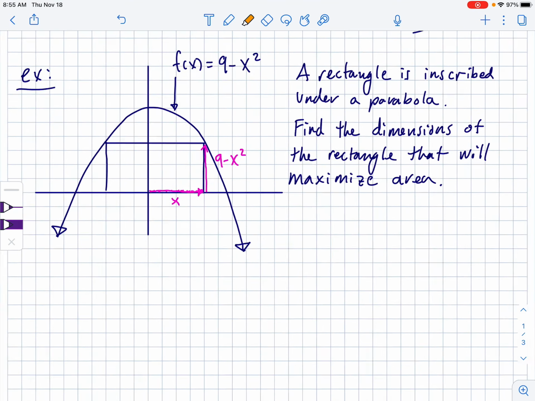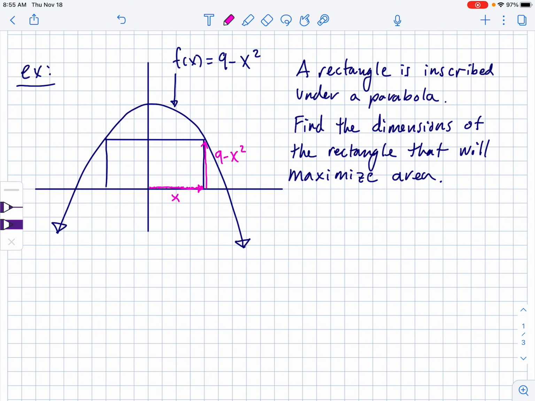So we're going to write an equation for the dimensions of the rectangle. I've only written part of the side here, but we need the full side. There's another x over here, which means this entire side is going to be 2x. So area of the rectangle is going to be 2x times 9 minus x squared.